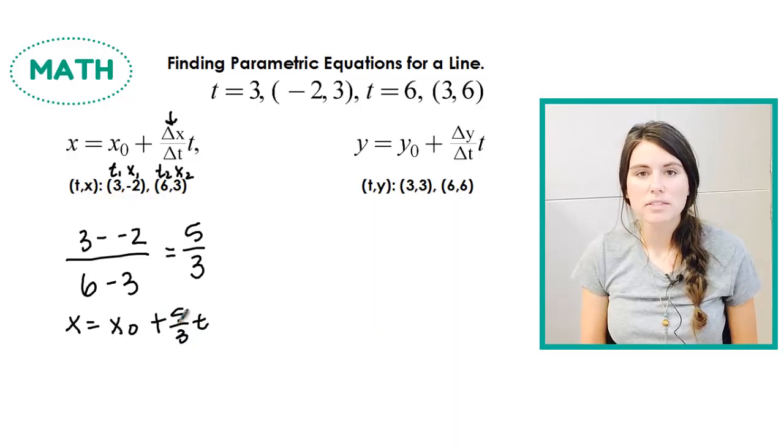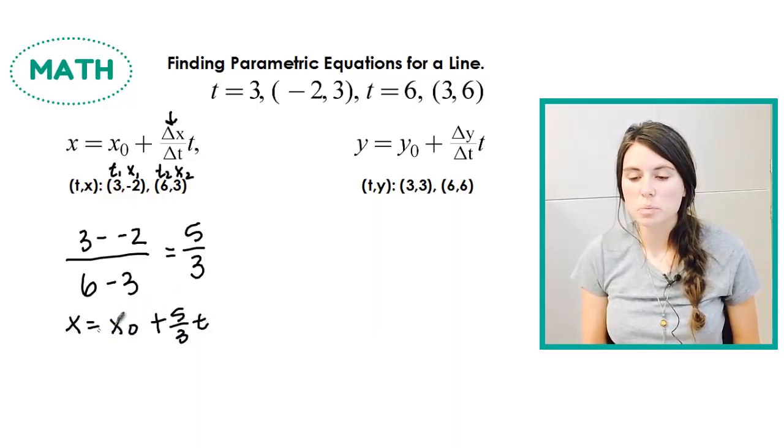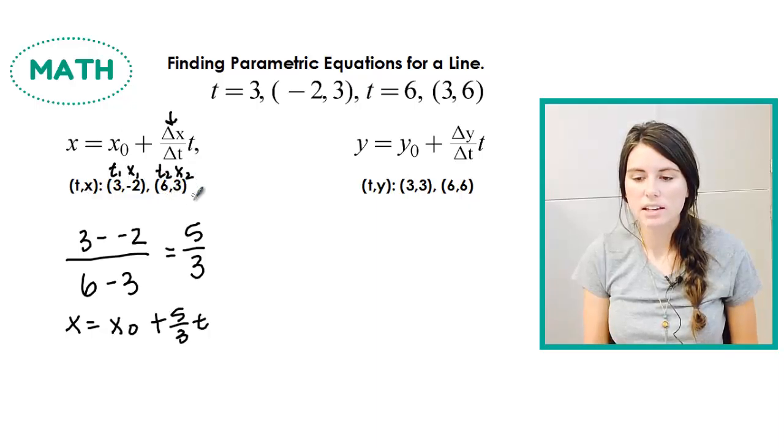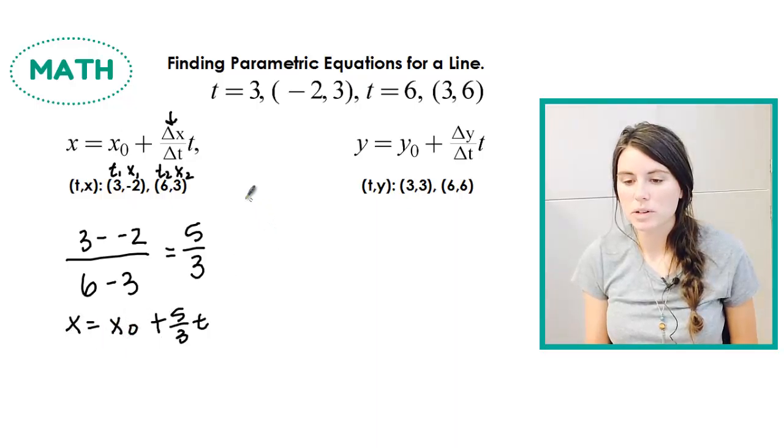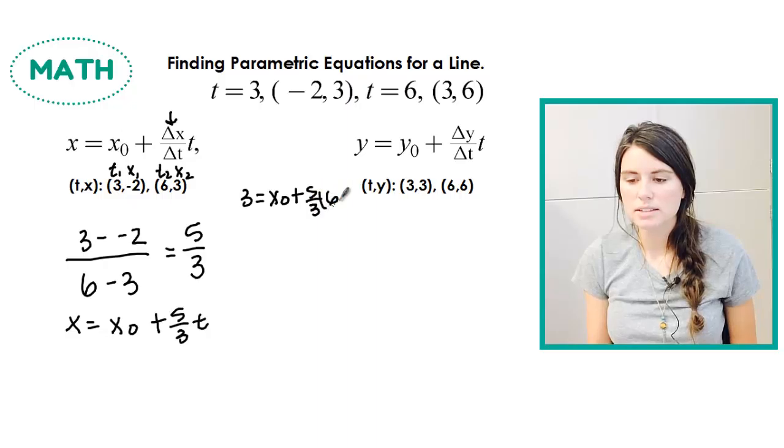And then our last thing we have to find is this initial x value here. So we're going to plug in one of our points. I'm going to pick 6,3 since it doesn't have any negatives in it. It's typically easier. And I'm going to solve for my initial x. So I'm going to plug in 3 equals initial x plus 5/3 times 6.